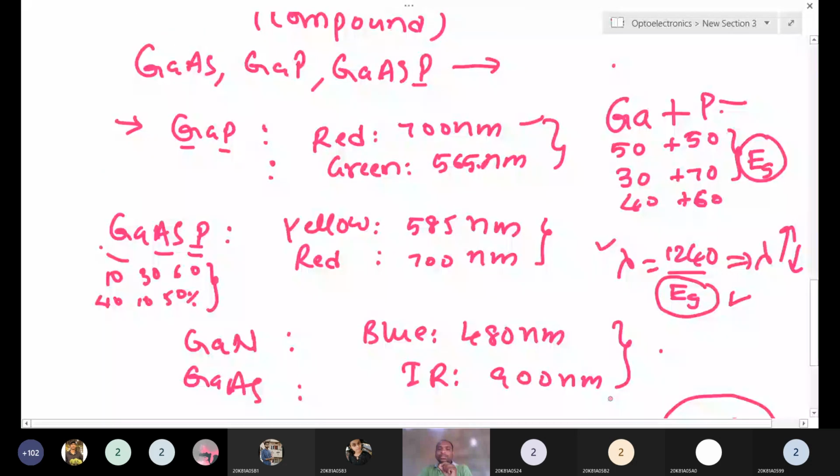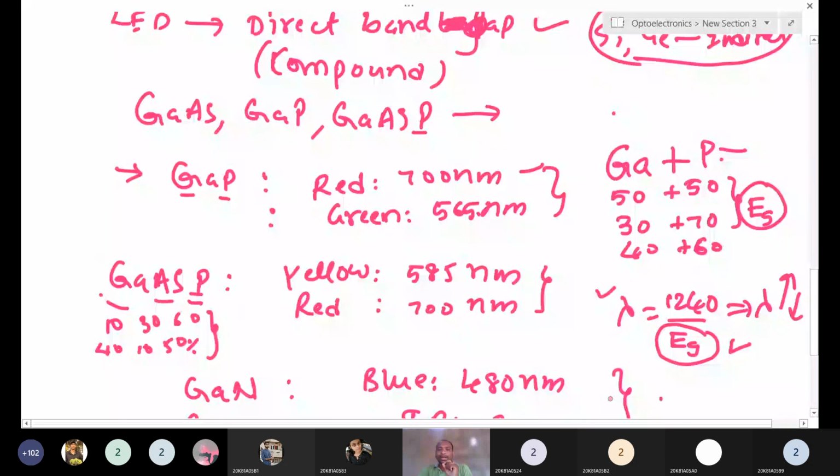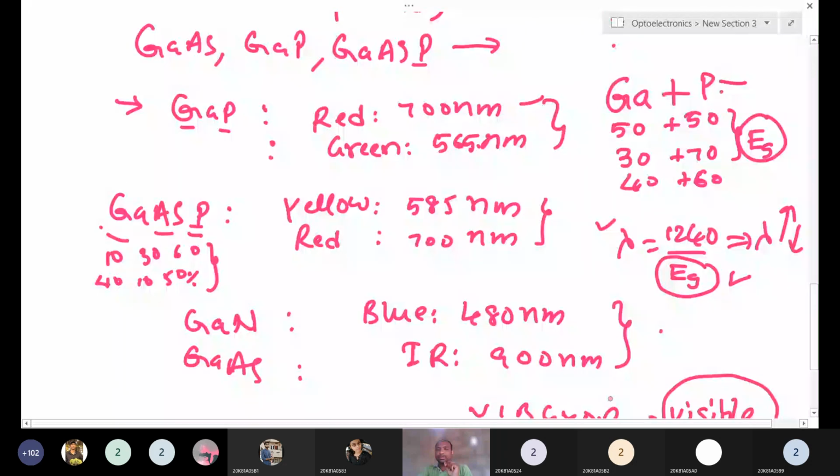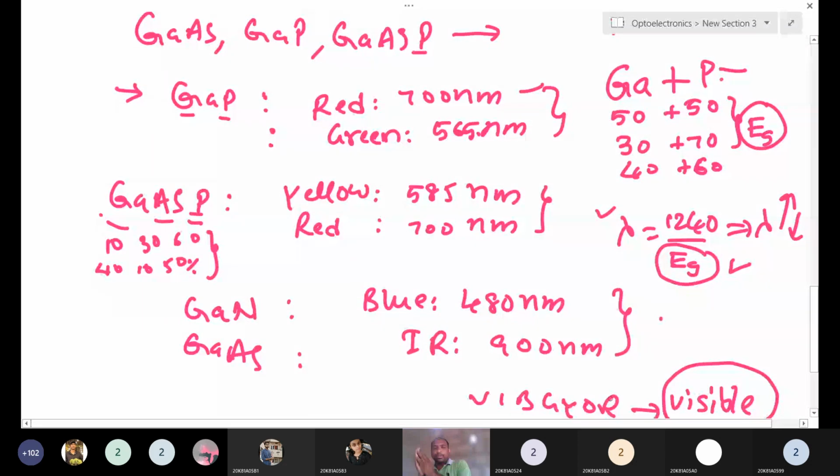If you use gallium arsenide, this is about 900 nanometer, near IR wavelength. IR is 900, 852, up to something like 3500 nanometer. So depending on our color requirement, we'll choose the material. That is the main important thing.